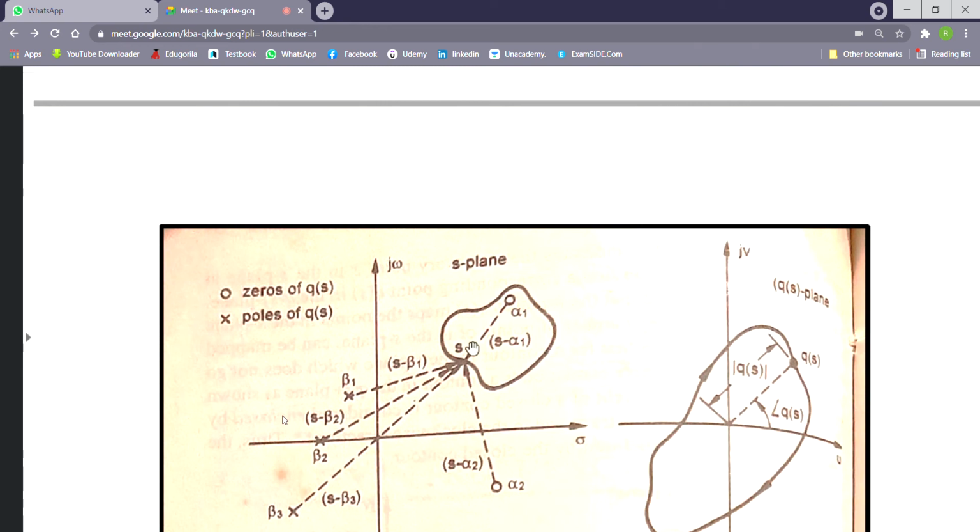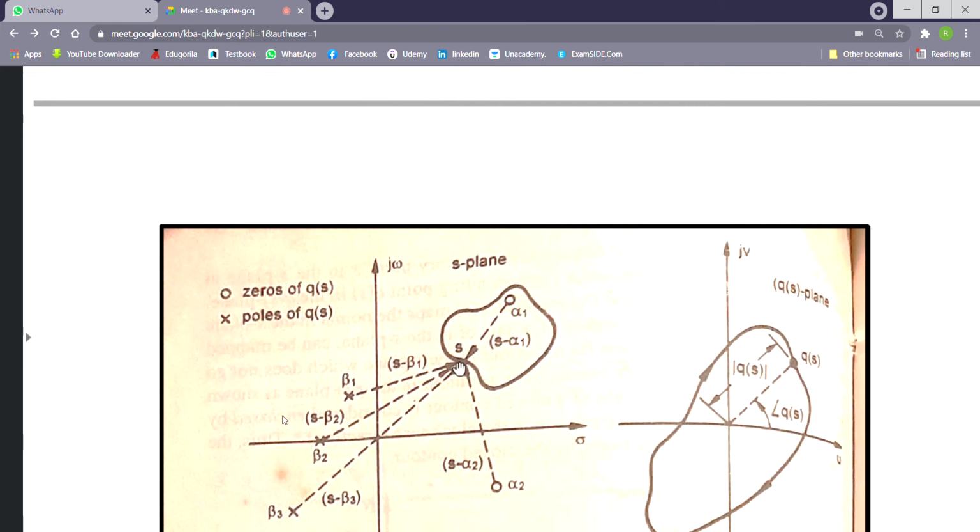Right? Now, let's take a point on this S-plane, and also on the contour. This is the point of interest. Now let's construct all these phasors.